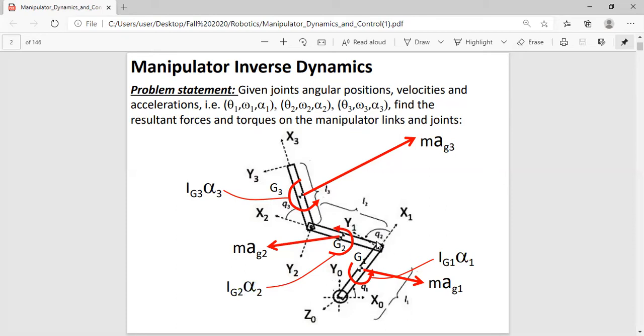Is that true or no? It's not true. Why? Because theta 2 is not an absolute angle. For this to be an absolute angle, it has to be measured with respect to a non-moving frame. So therefore, alpha 2 is going to be equal to theta 2 plus theta 1 double dot. You need to capture alpha 2 with respect to x0, because x0 is not moving, whereas x1 is moving, and so on and so forth.